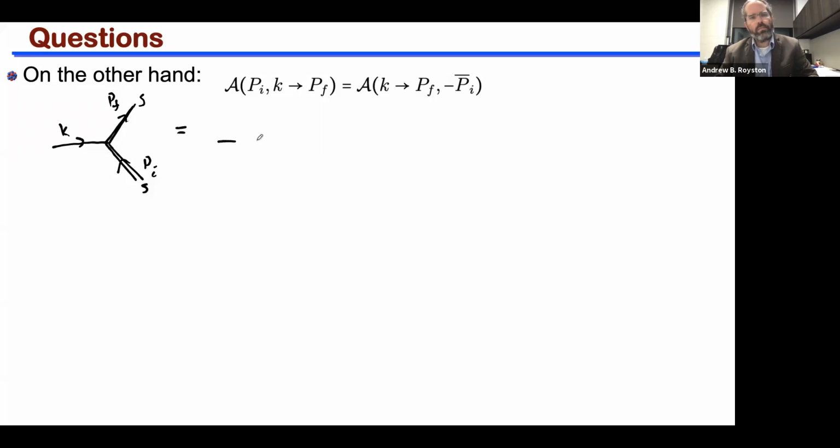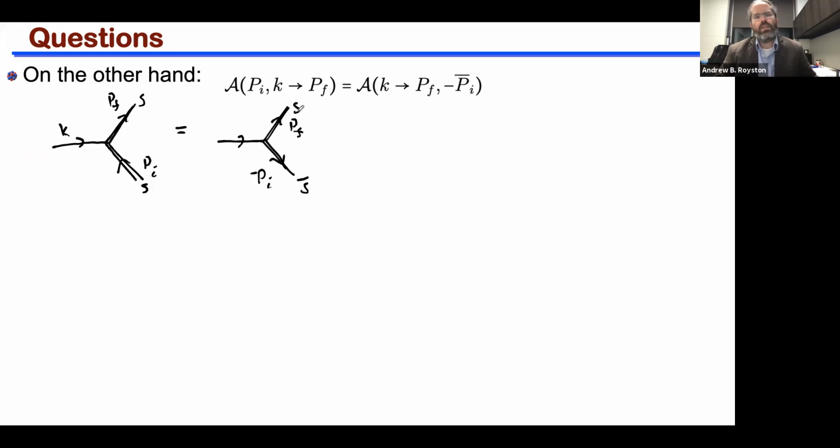This is the same as, let's run this incoming soliton backwards in time and call it an anti-soliton, S bar, with momentum minus P_I. So that's the statement of crossing symmetry applied to this amplitude.